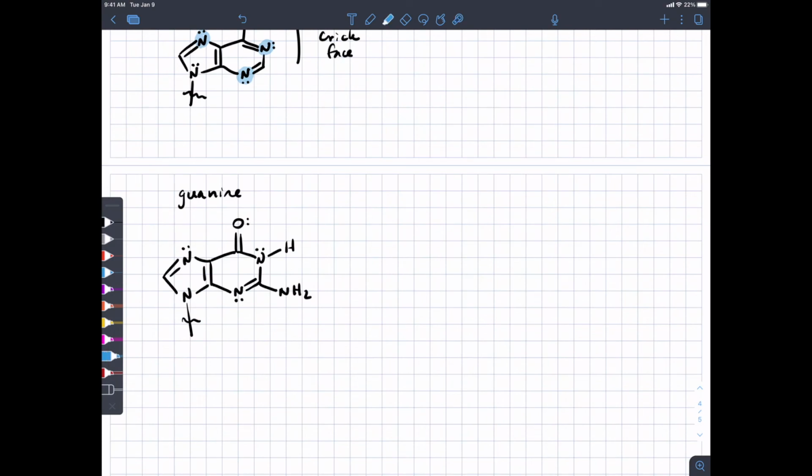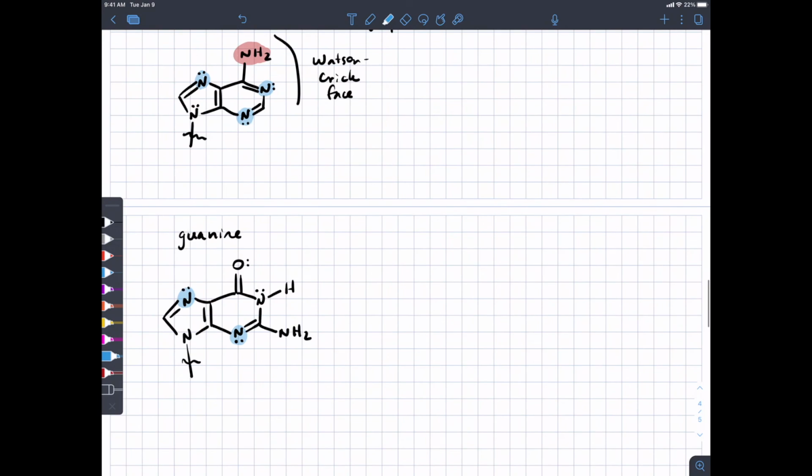Interestingly, guanine has more groups that are either hydrogen bond donors or acceptors than does adenine. So you've got a donor here. I'm sorry, I'm getting that wrong. In blue are the hydrogen bond acceptors, and in red are the hydrogen bond donors.